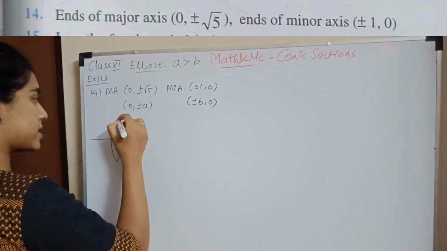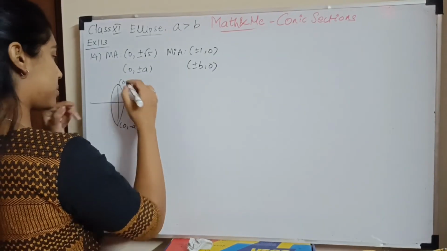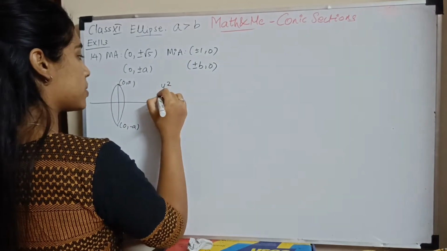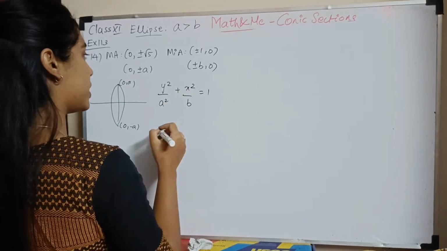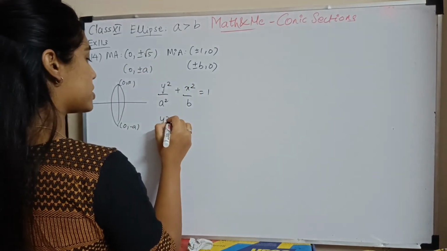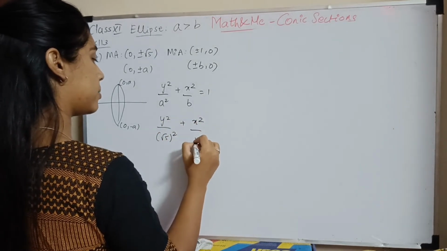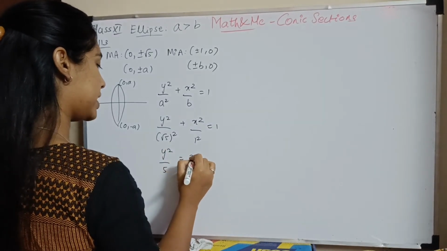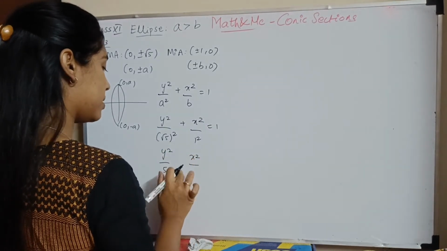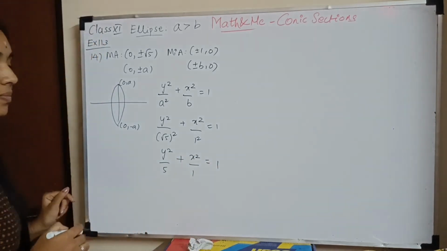So a vandu y axis la irukku. 0, a and 0, minus a. So equation eppadi irukum? It is along the y axis. So y square by a square plus x square by b square equals 1. A value enna? Root 5. So it's y square divided by root 5 the whole square plus x square divided by 1 square equals 1. So y square divided by 5 plus x square divided by 1 equals 1. So this is the equation. Okay.